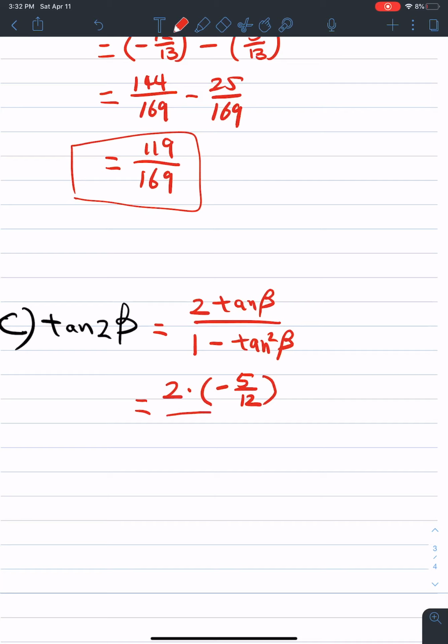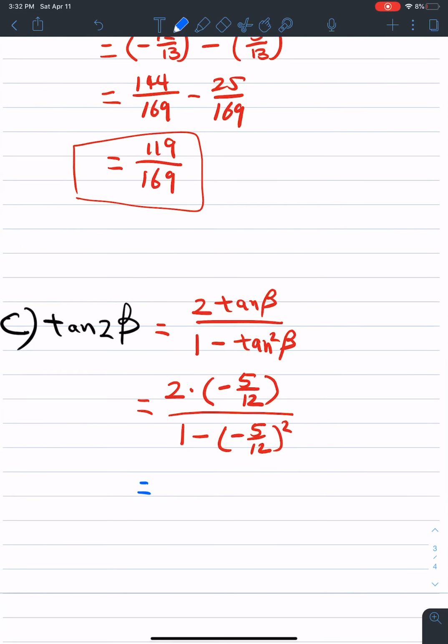And then divide by 1 minus negative 5 over 12 squared. And then we can combine them. So I get negative 5 over 6. That's the one from the top.